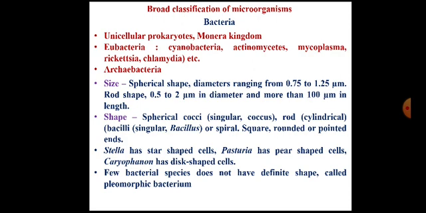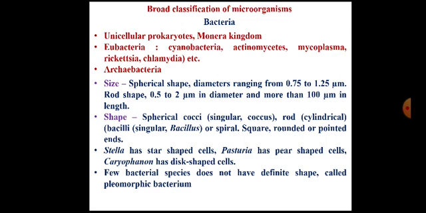The component of the bacterial cell that decides the definite shape of the bacterium is the cell wall. So if the cell wall is present, then that bacterium has a definite shape. If the cell wall is absent, then there is no specific shape.